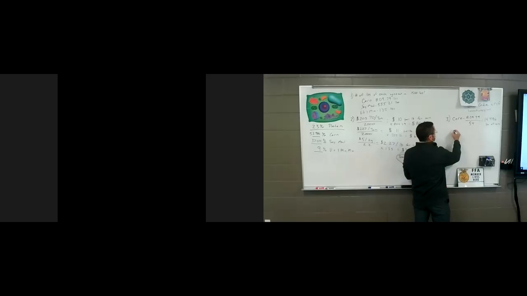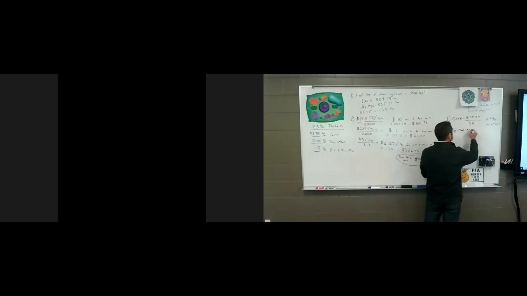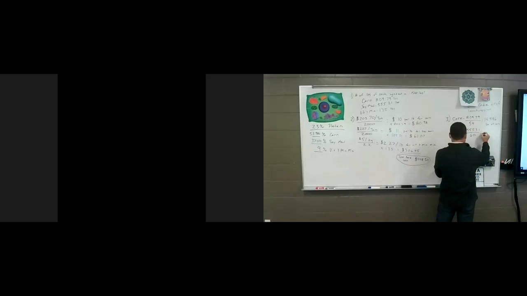Is there anybody who does not see how I got that? We're finding the amount of bushels of corn and soybean meal that we need. So then for soybean meal, we've got 555.21. We're going to divide that by 60 because it takes 60 pounds of soybeans per bushel.